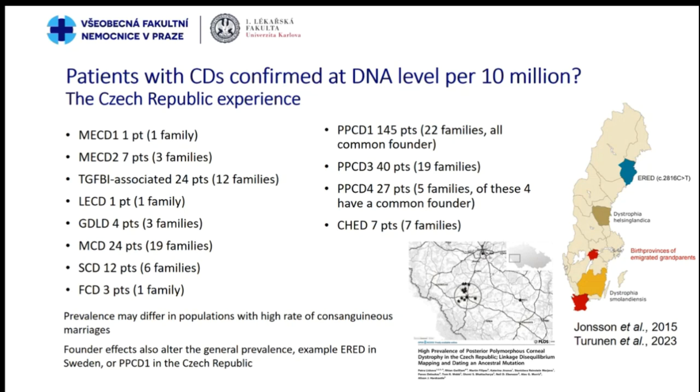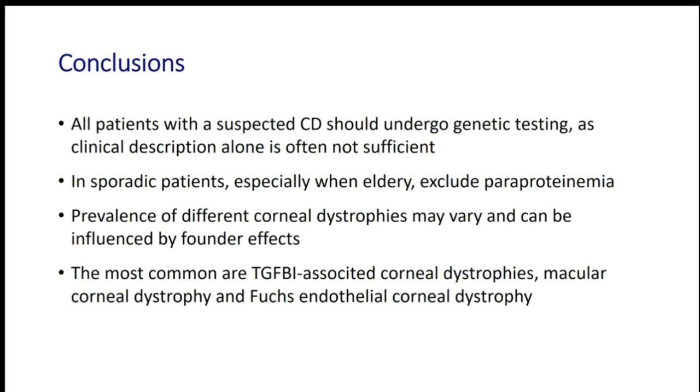And you have to bear in mind that prevalence may differ in populations with a higher rate of consanguineous marriages. For example, in India, Schnyder is far more common. Founder effects also affect the general prevalence. I showed you the example of PPCD1 in the Czech Republic, which has a common founder around the town called Klatovy, or ERED in Sweden, or other diseases.